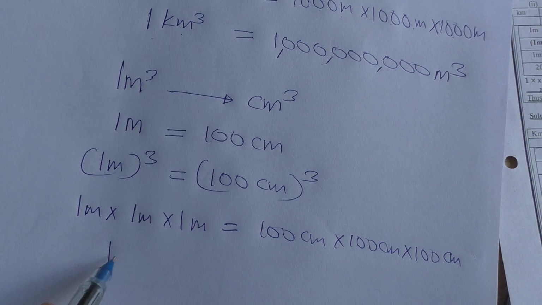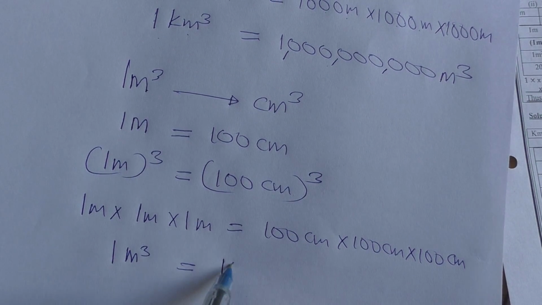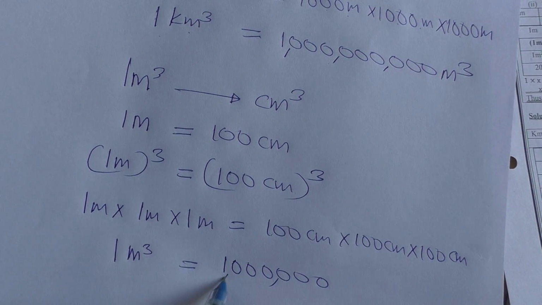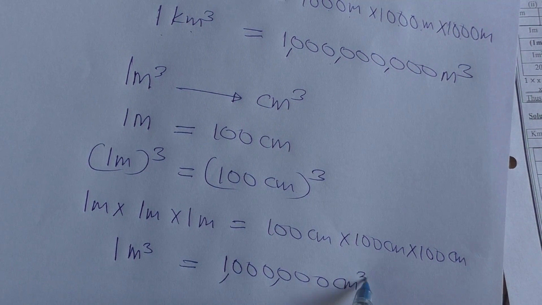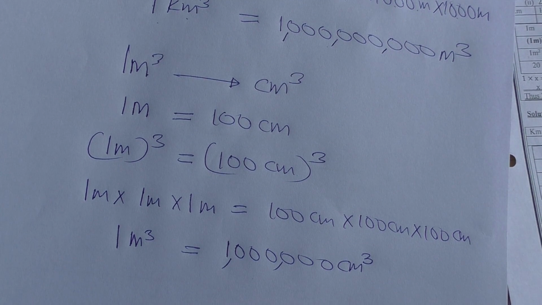That gives us 1 meter cubed equaling 1 million centimeters cubed.